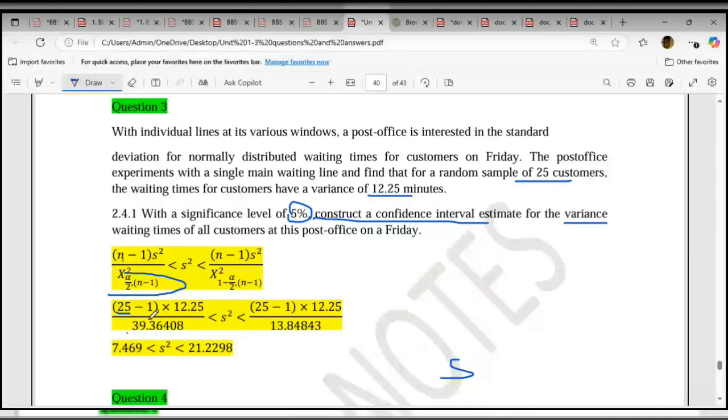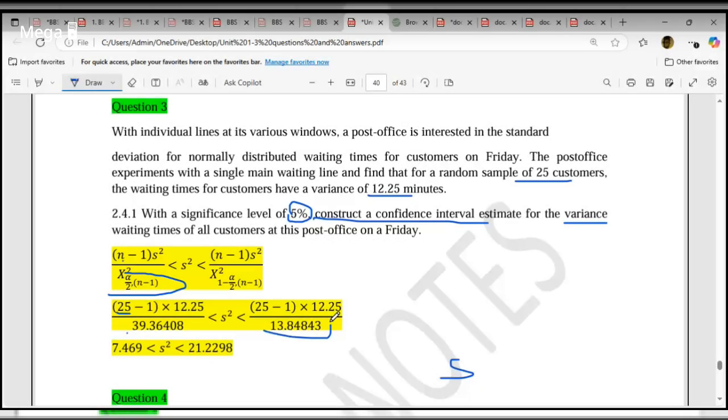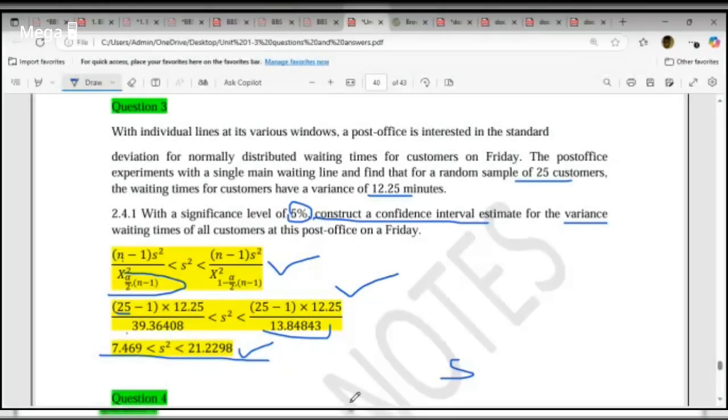And you do the same thing: 1 minus the value used on the left side, meaning 1 minus 0.025, and n minus 1 is 24. They meet at this number. Simply put this on your calculator, and then you get your answers. If it's a simple question, that's just how your answer should be presented: formula, plug in your values, then get your answers, then you are done.